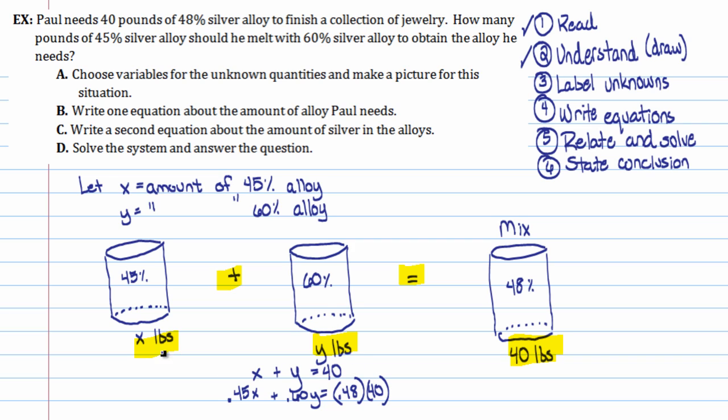Now, what did I do? I basically just multiplied the 45% times x and the 60% times y and the 48% by 40. What does this represent? It represents the amount of pure silver.